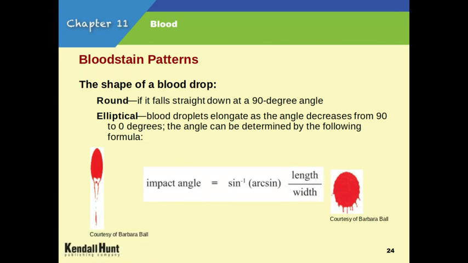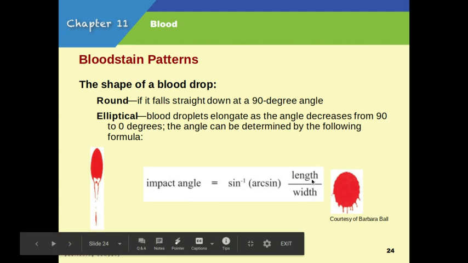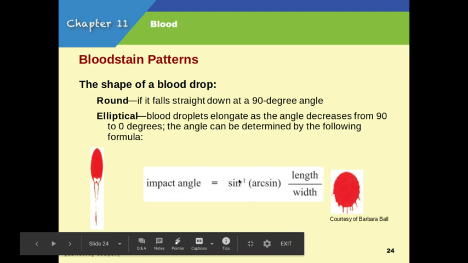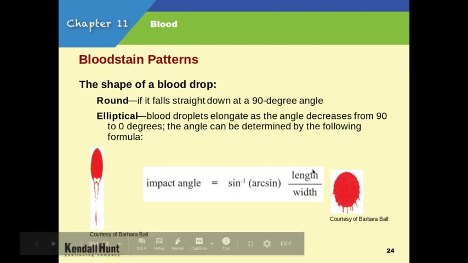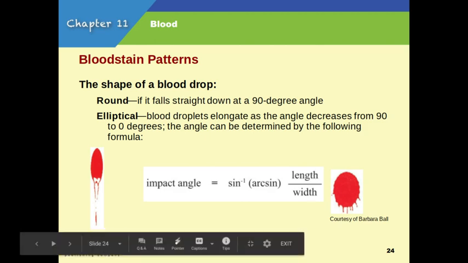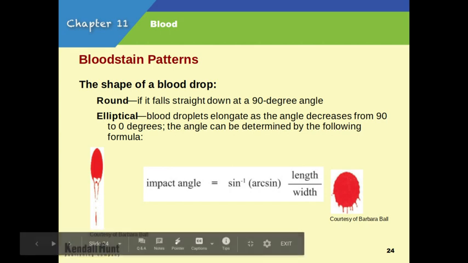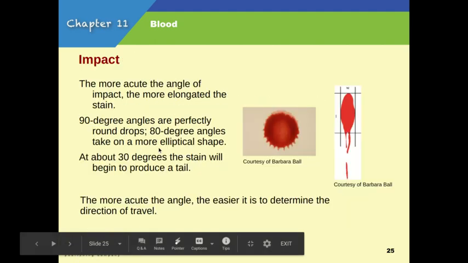Okay, it's not length over width. It should be width over length. Okay, let me say that again. This formula, inverse sine, should be width over length. On your calculator or your phone, you can use the inverse sine. And let me go to the next slide. We can show you how to do that.